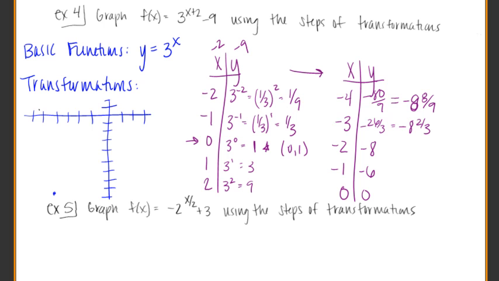Right on the cusp of it. At negative 3, we're again the same way, just slightly higher, not quite there. And then at -2, we're down at -8. Gosh, very slow rising graph. And then -1, -6, right there, and then 0, 0. So it's kind of doing that right there.